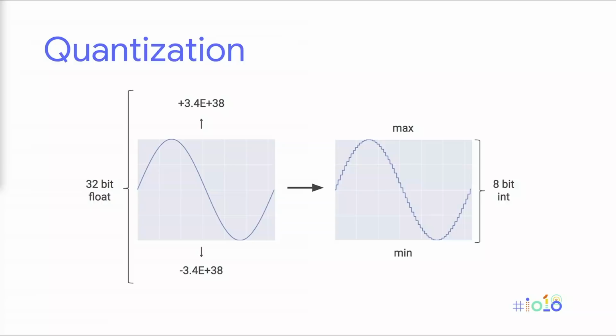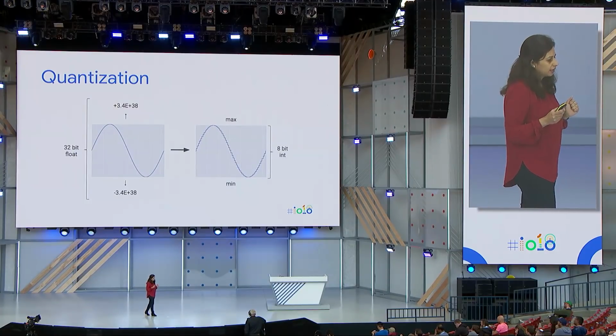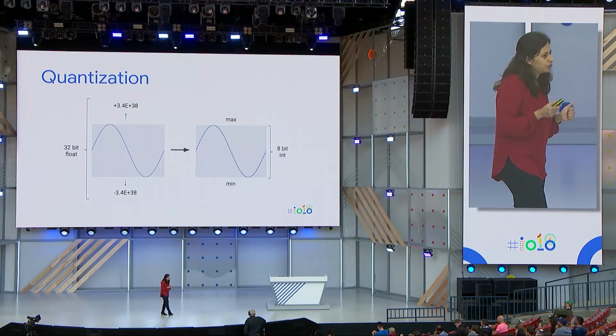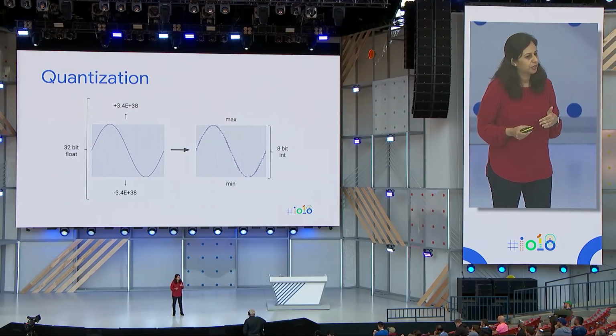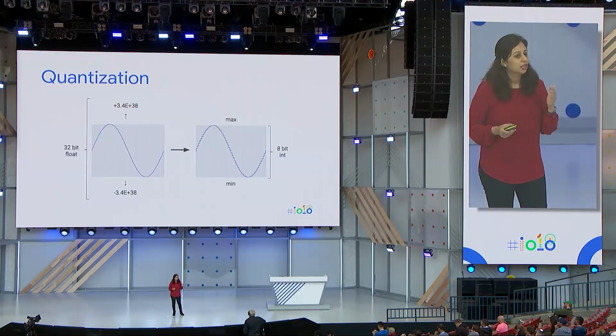And why is this important? Well, for two reasons. First, model size is a concern for small devices, so the smaller the model, the better it is. Secondly, there are many processors which have specialized SIMD instruction sets which process fixed point numbers much faster than they process floating point numbers.